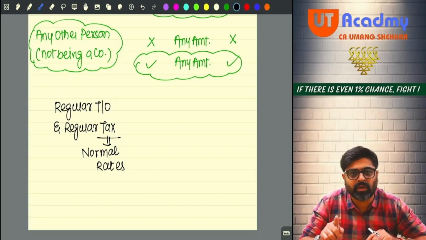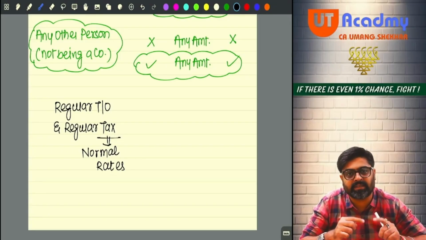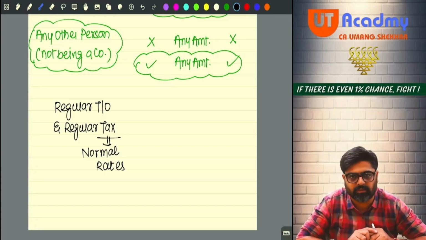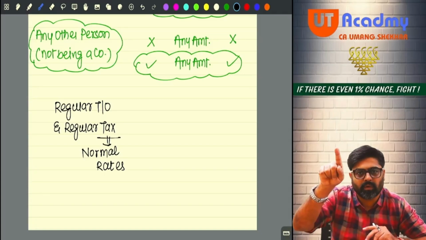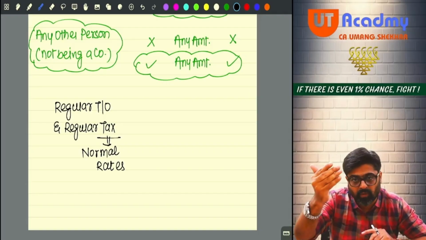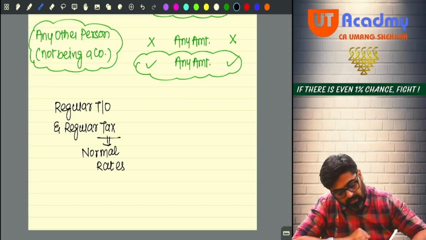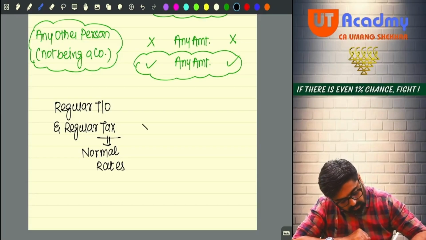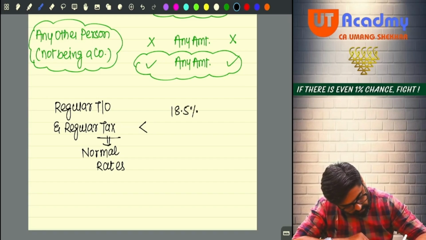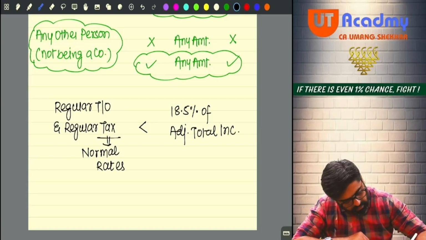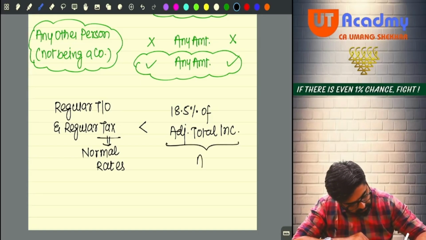But if you are an individual, HUF, AOP, BOI or AJP, after claiming these deductions your total income should be more than 20 lakhs. And on that total income, whatever tax you calculate by applying the normal tax rates, if the tax calculated is less than 18.5% of adjusted total income, this is known as alternate minimum tax.